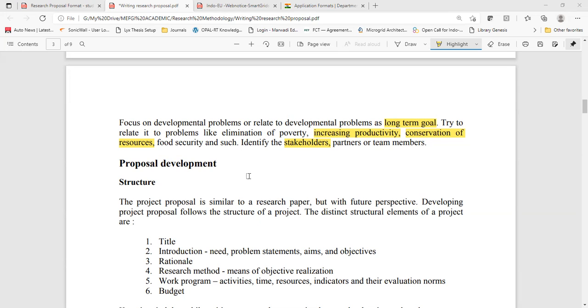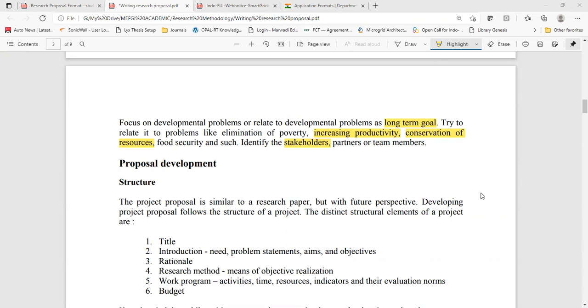Anybody else that you can suggest? No? Yeah.